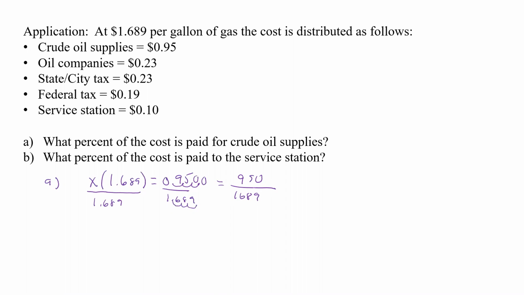Okay. So now we have to do that division. So we're going to have 1689 into 950.000. Again, not sure how many decimal places we're going to need here. And probably this would tell us it wants a certain percent if it's less, but I don't know. Maybe I forgot to write that down.